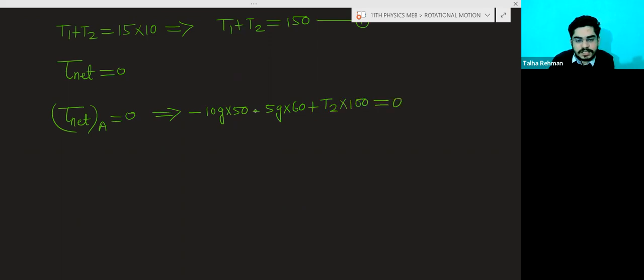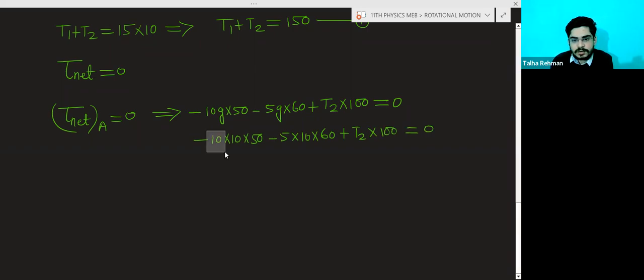Now we can calculate it. This will become minus 10g into 50, minus 5g into 60, plus T2 into 100 is equal to 0. Now you can remove 10, or rather 100.